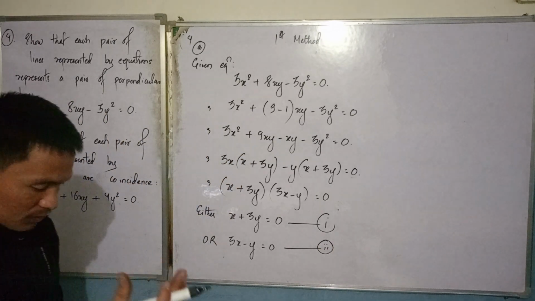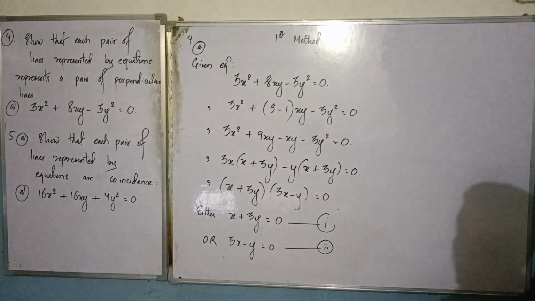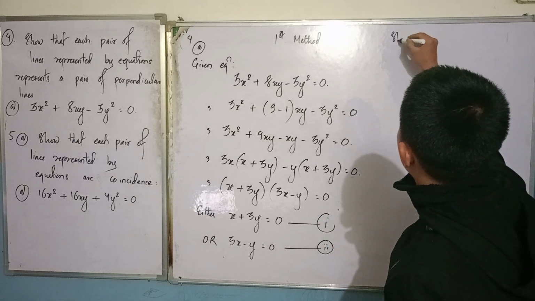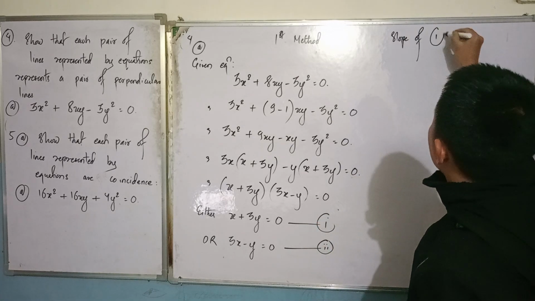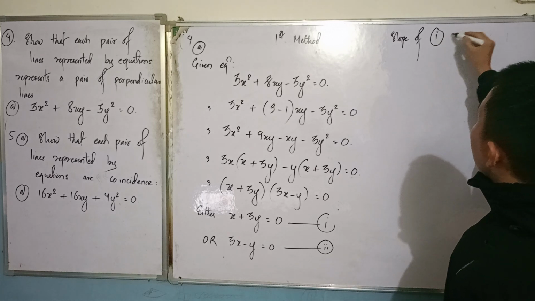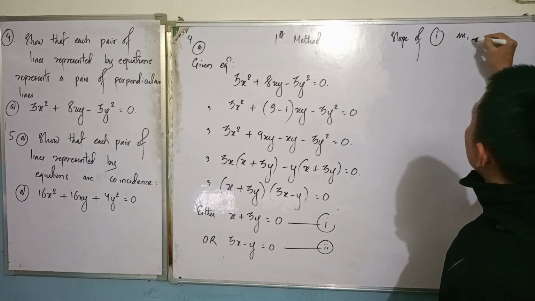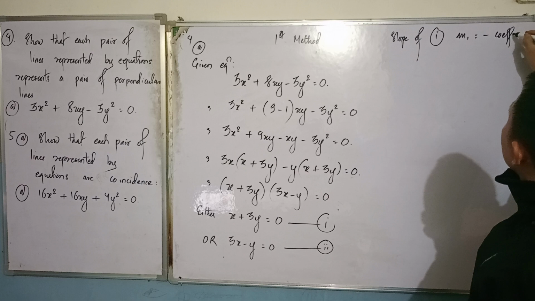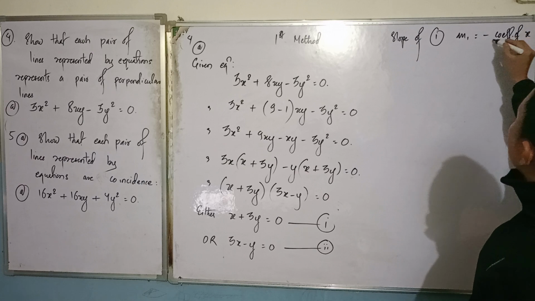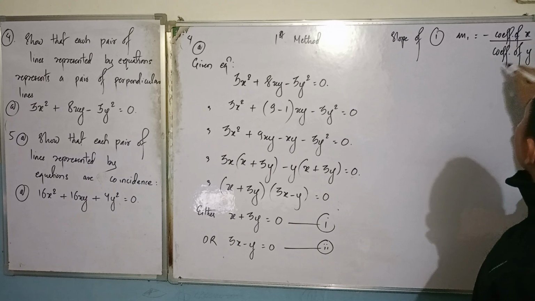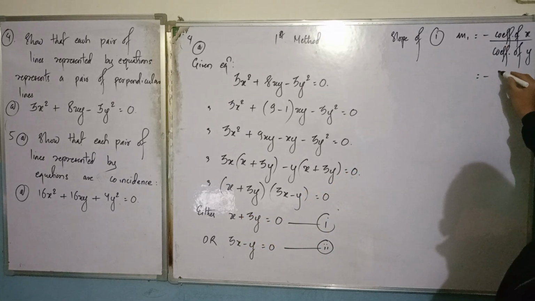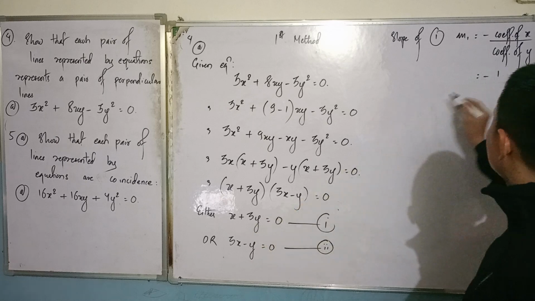Now try to find the slope of both equations. Slope of I, let that be represented by m1. The formula is minus coefficient of x divided by coefficient of y. In I you have the coefficient of x as 1 and the coefficient of y as 3.